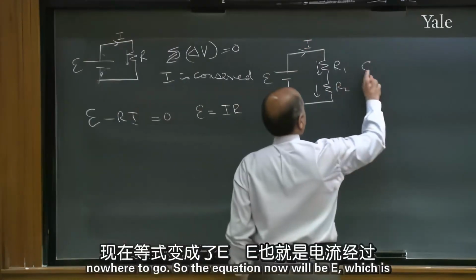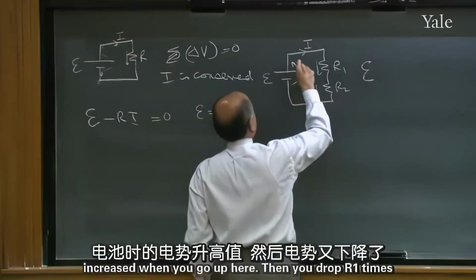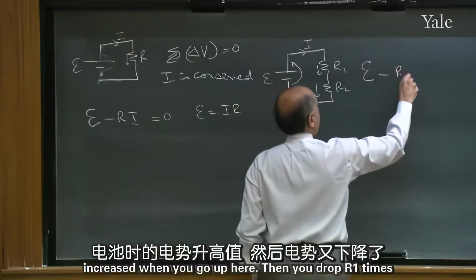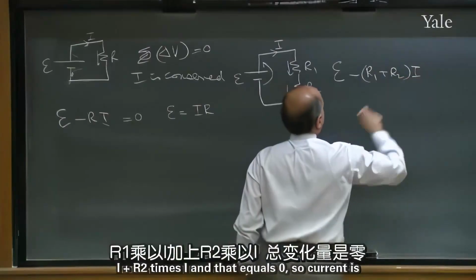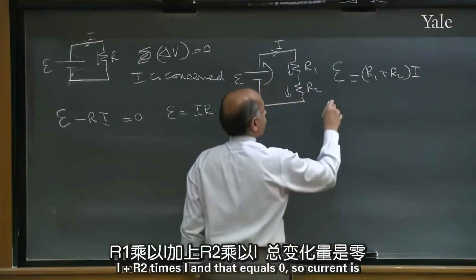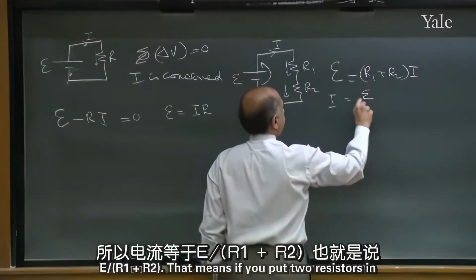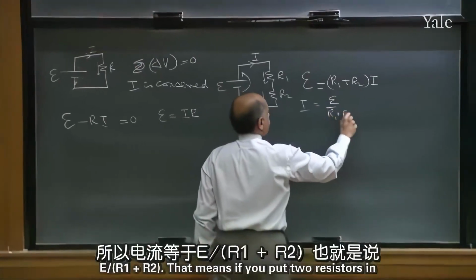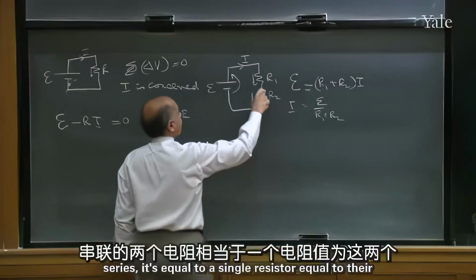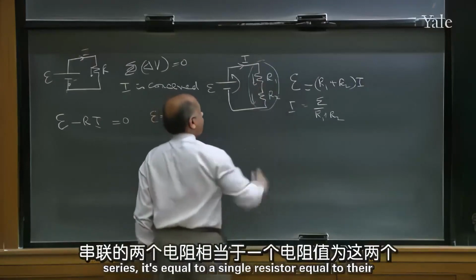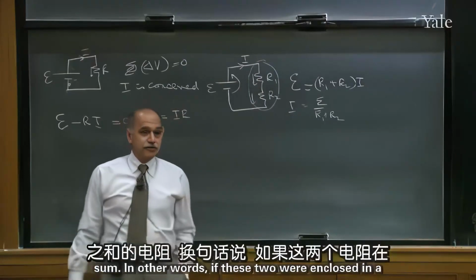So the equation now will be E, which is the increase when you go up here. Then you drop R1 times I plus R2 times I, and that's equal to 0. So current is E over R1 plus R2. That means if you put two resistors in series, it's equivalent to a single resistor equal to their sum.